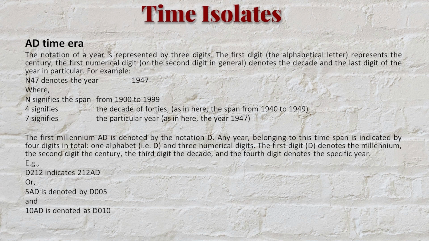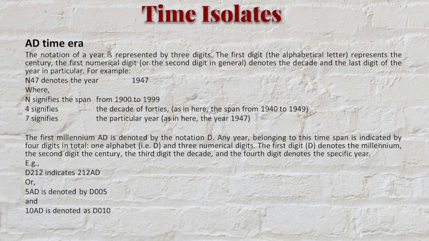The first millennium AD is denoted by the notation D. Any year belonging to this time span is indicated by 4 characters in total: one alphabet, that is capital D, and 3 numerical digits. The first digit D denotes the millennium, the second digit the century, the third digit the decade, and the fourth digit denotes the specific year.